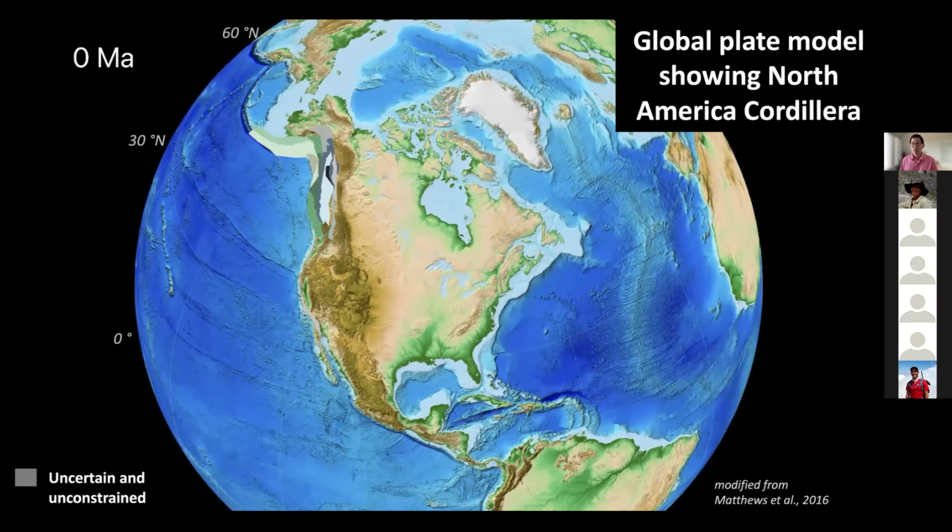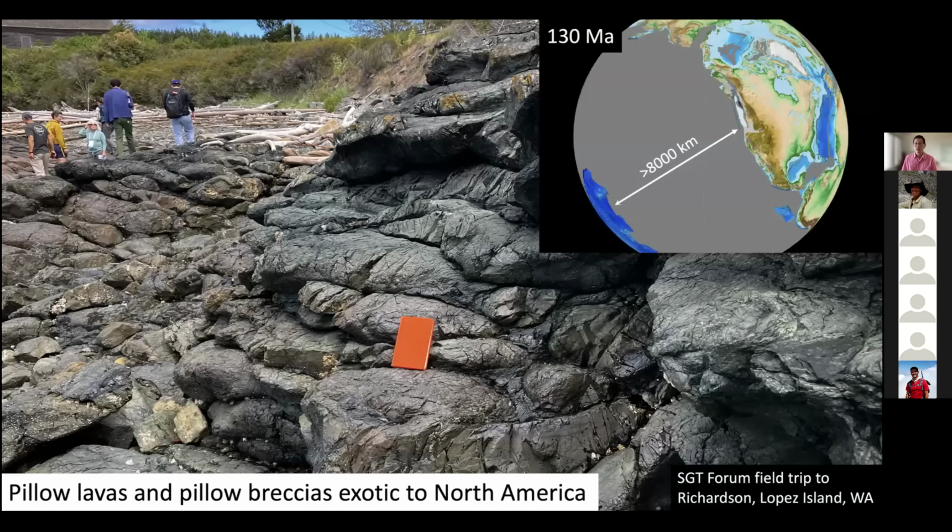And so this is really the challenge that is before us, this massive uncertainty in reconstructing not just North America, but any area that has a lot of subduction going back in time. If we look at that in very practical terms, over the summer, some of us had a chance to go to Lopez Island in the state of Washington.